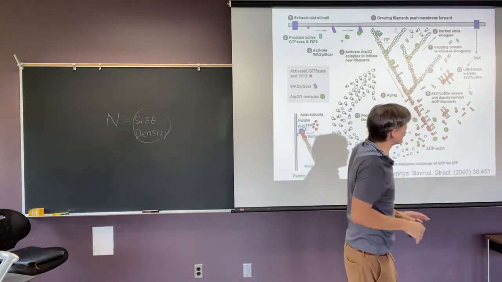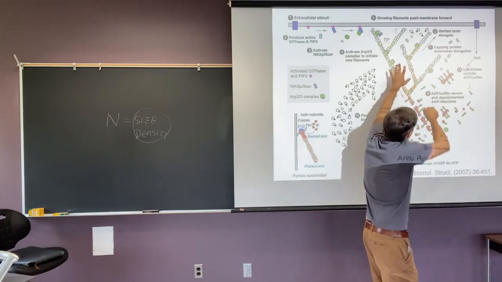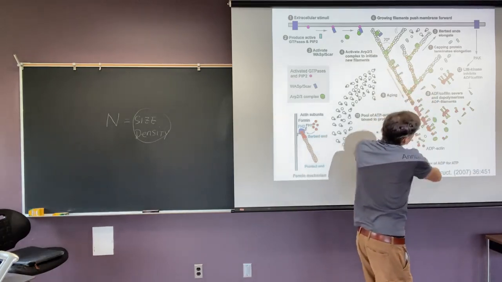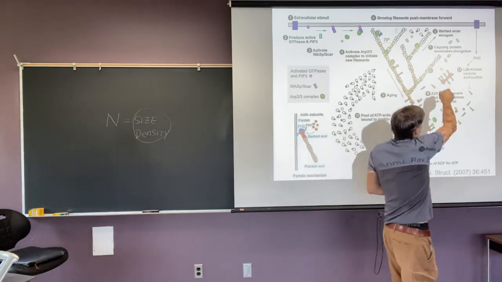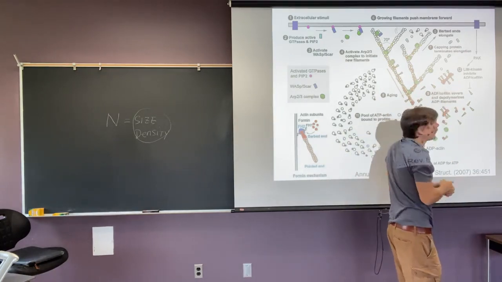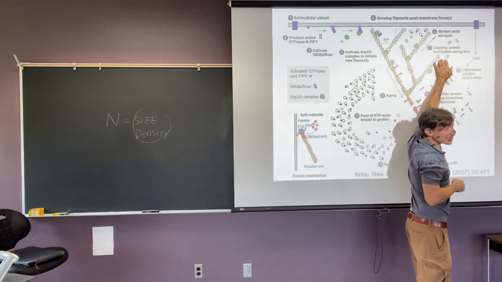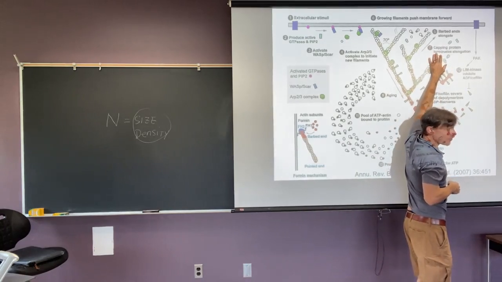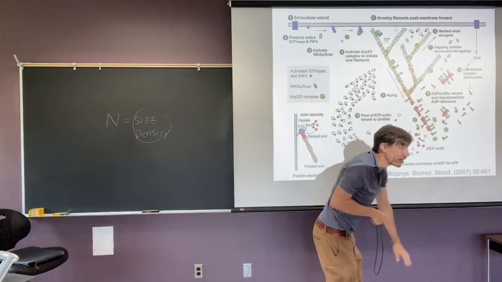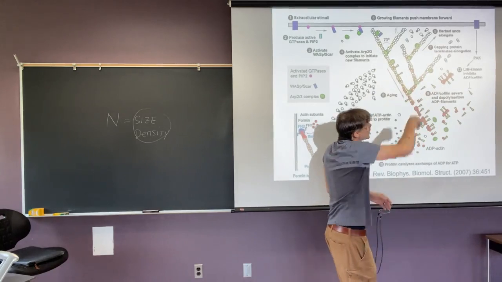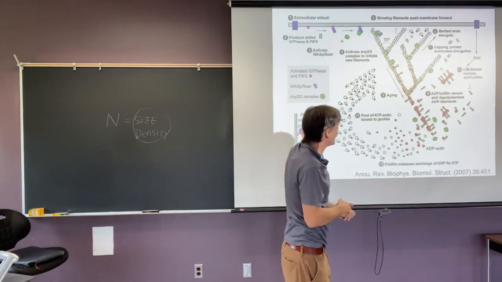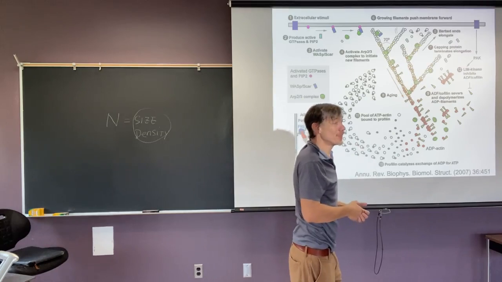There's other forces we'll talk about in a bit, but as this whole thing moves backwards, our capping protein CapZ is going to bind to the plus end of the actin filaments, and it's going to prevent assembly throughout the inside of the cell. So we just have assembly at the tip, and then it all comes together.